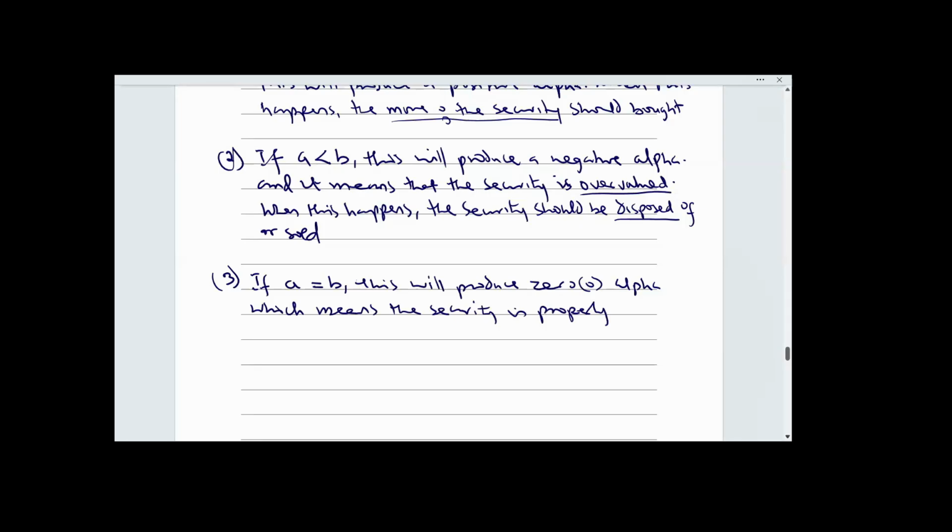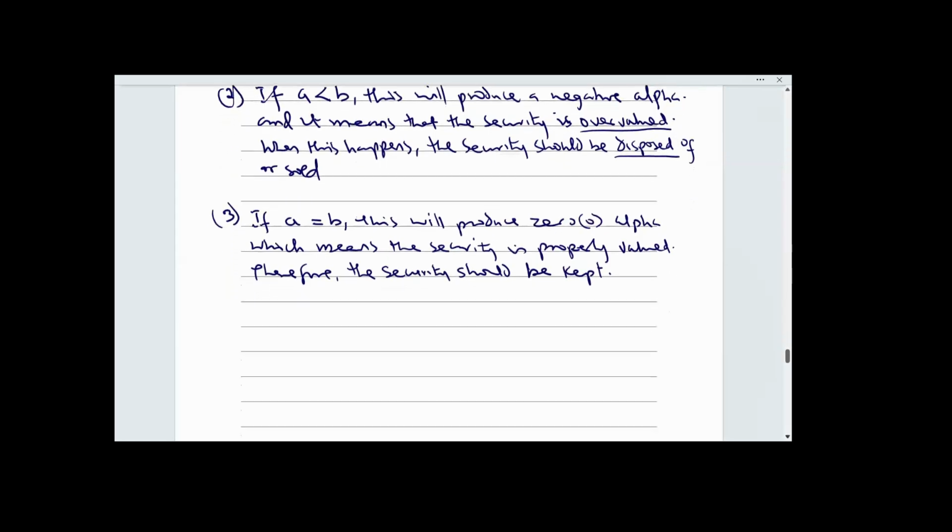Since we are using value, so properly valued. Then what are you supposed to do? Therefore, the security should be kept. Okay. So these are the 3 ways you can interpret your alpha value.